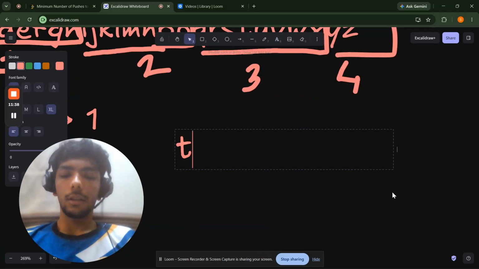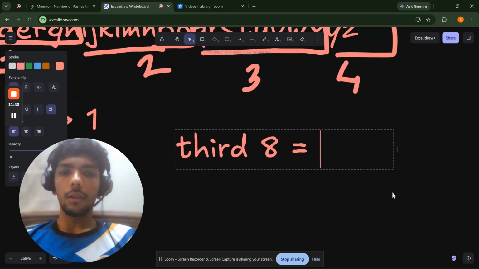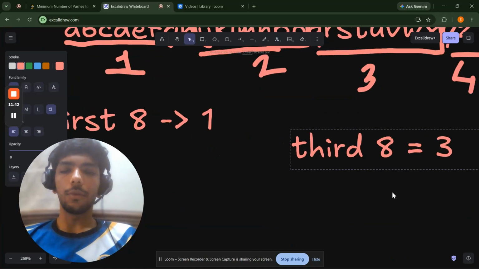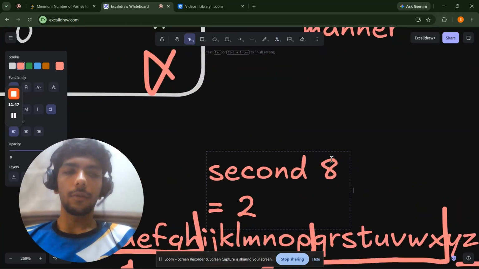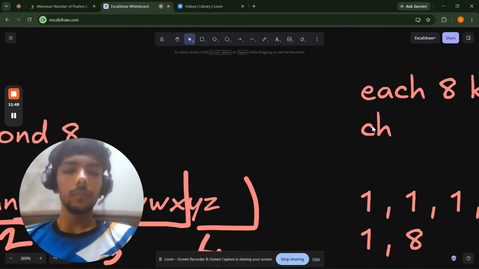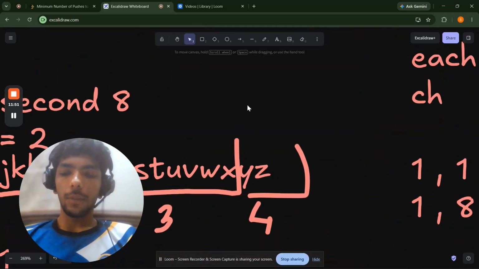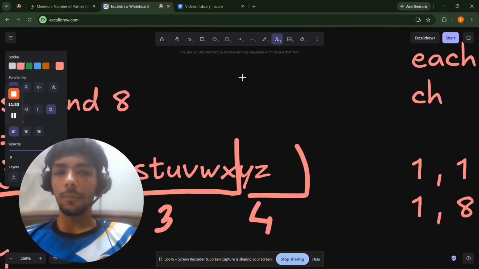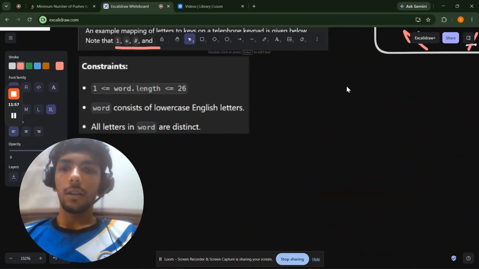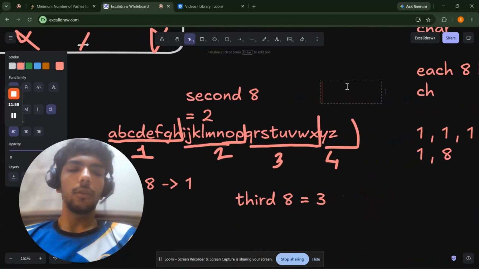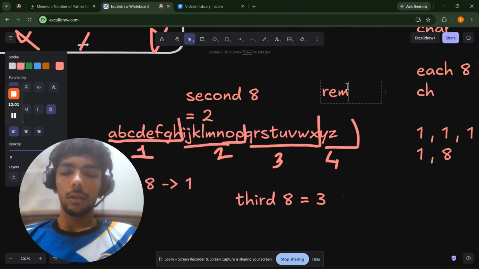Third eight will require three pushes. And the remaining, which in this case is maximum possible, will require 4, because it is given in the constraint that there are maximum 26 and all are distinct.